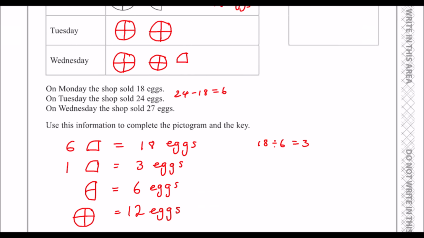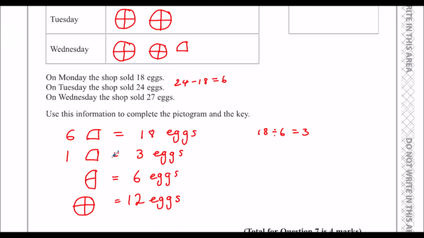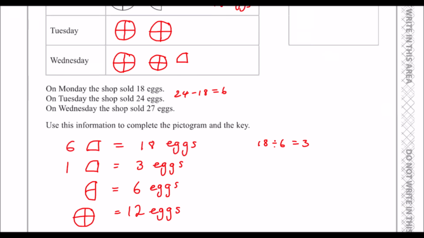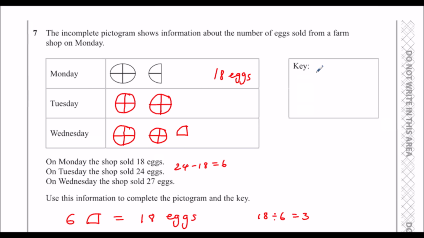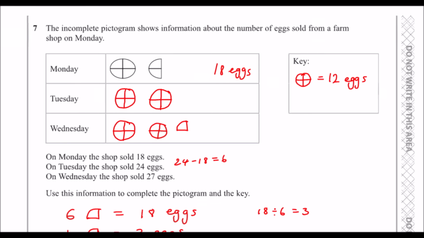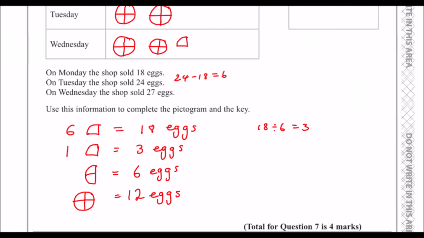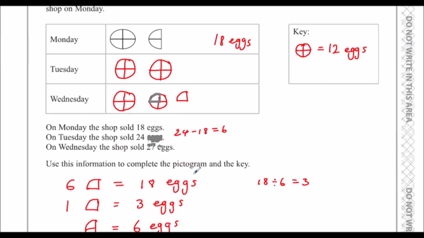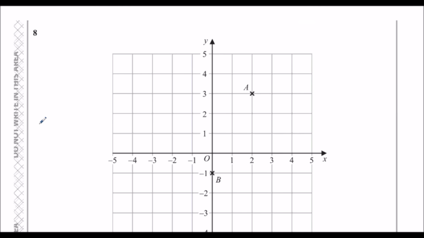In the key, I'm either going to write 1 quarter equals 3 eggs, or half is 6, or a whole circle equals 12 eggs. So we've completed the pictogram and the key, so we are done.